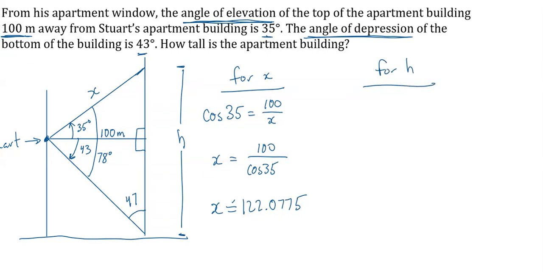Side length over the sine of the angle across from it, which is sine of 78, equals the side length I got, which is the 122.1, over the sine of the angle across from it, which is 47.